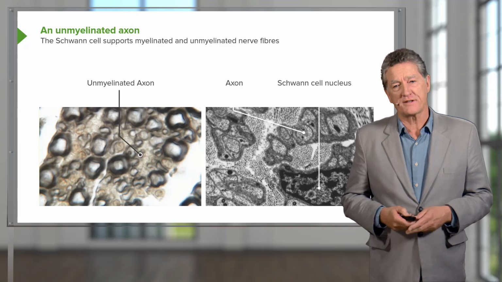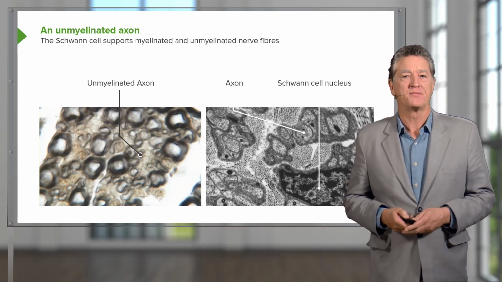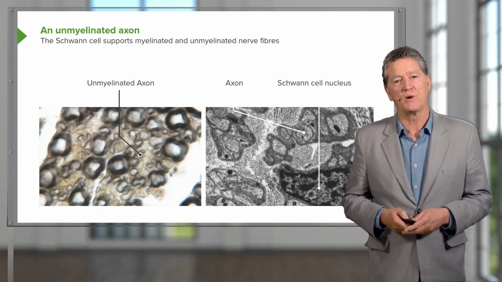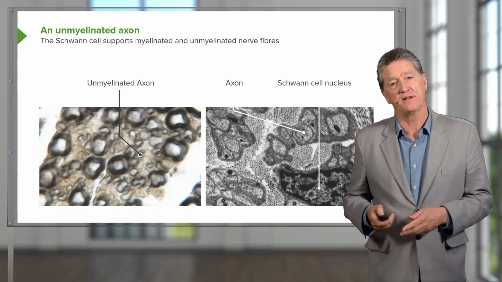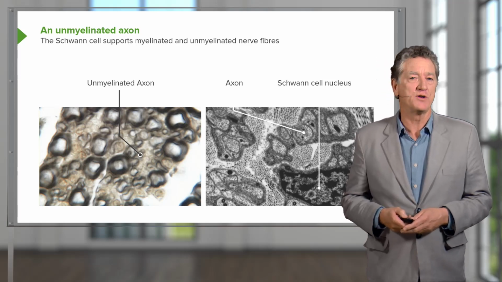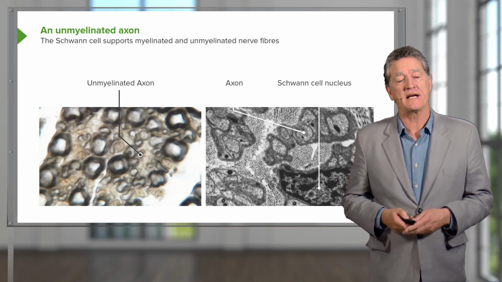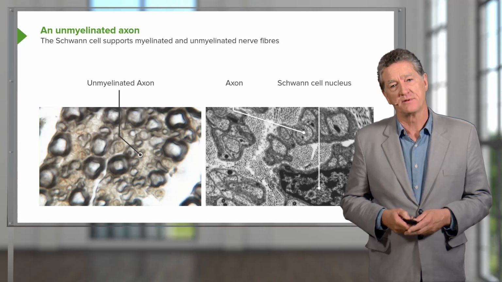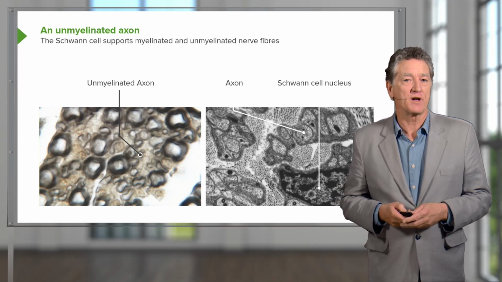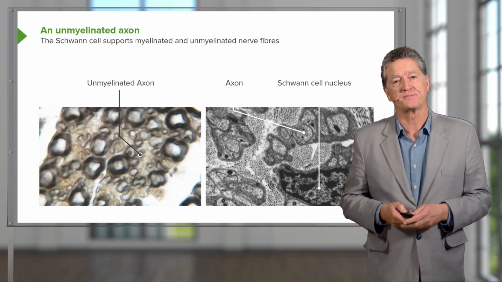So when you look right down the length of the axon, they have myelin sheaths wrapping all the way around them, and there are gaps between these myelin sheaths. Those gaps are called the nodes of Ranvier. They're very important because they allow the nerve impulse to jump from one node to another and speed up the rate of impulse conduction. It's called saltatory conduction.